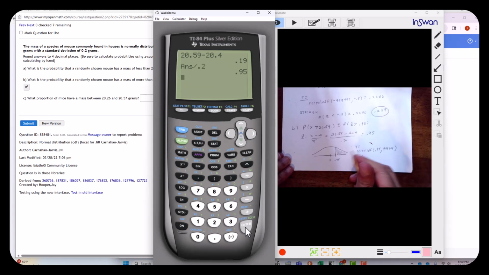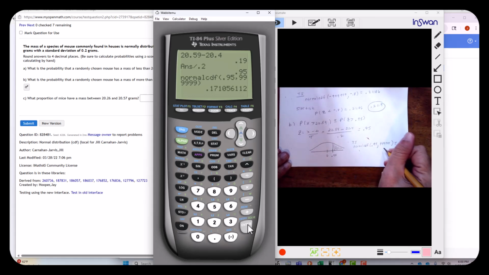It's positive this time because we're going to the right. Second large: normalcdf, 0.95, comma, 999,999. That gives 0.1711. I'll round to 4 places: 0.1711.